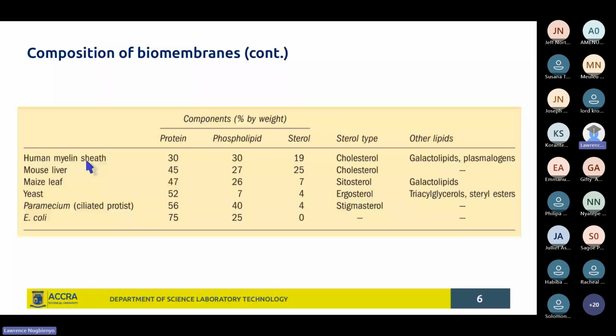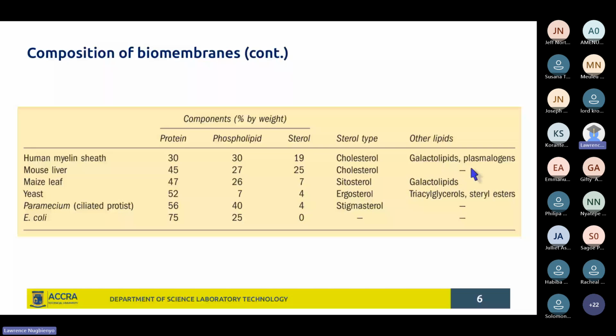The myelin sheath of the nerve cell has certain composition, proteins, phospholipids, sterol, different percentages. So here we're looking at some sterol, which is cholesterol in animals. And we did look at also these lipids, galactolipids, plasmalogens. These you find in the human myelin sheath.